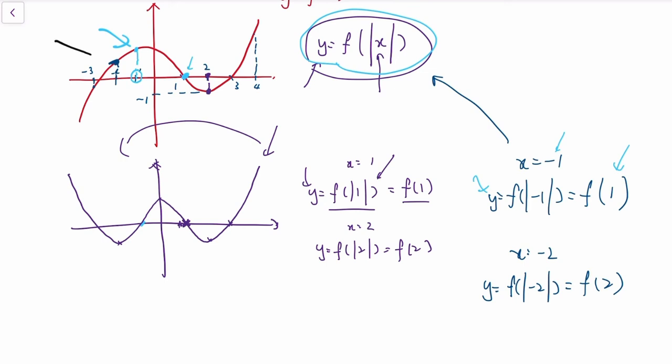And the original left hand side of the original function would be lost, because whenever x is negative, it will get turned into a positive number. So the original graph where x is negative would no longer be important. Okay, so this is how you draw f equals f(|x|).